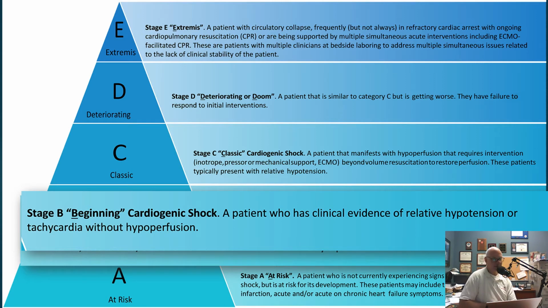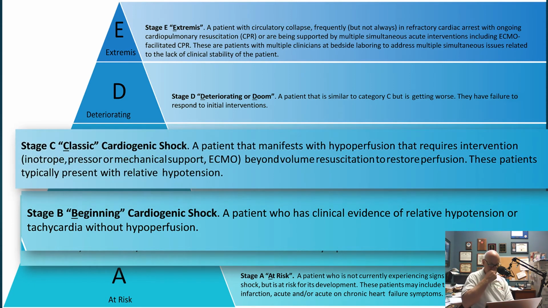So it might not at first jump out at us as a bad blood pressure, but that 120 over 80 could be relative hypotension for this patient. And then there's the classic cardiogenic shock, a patient who manifests with hypoperfusion. They are going to be somebody who has a low blood pressure, probably altered mentation, different color to them, all of those kind of things.